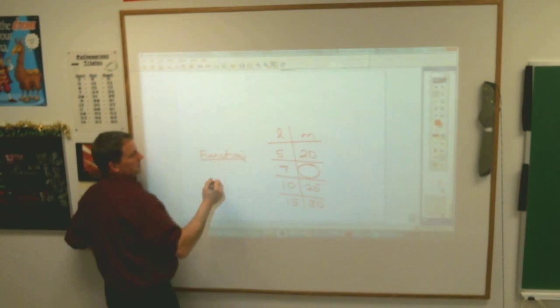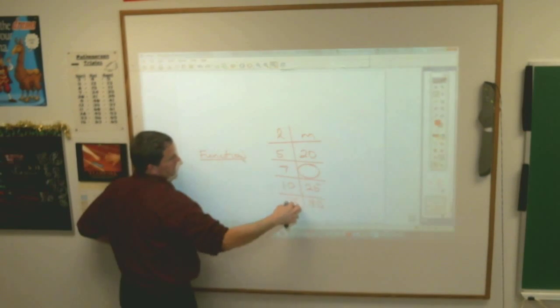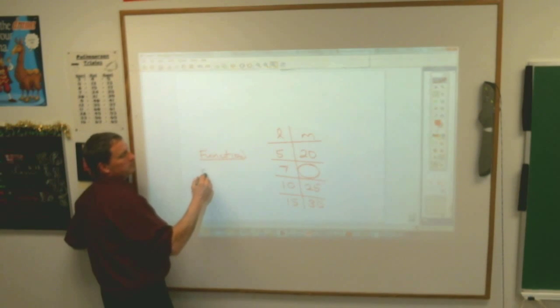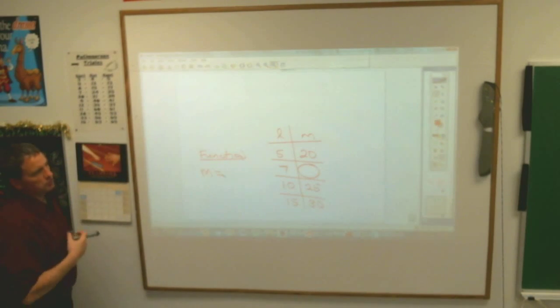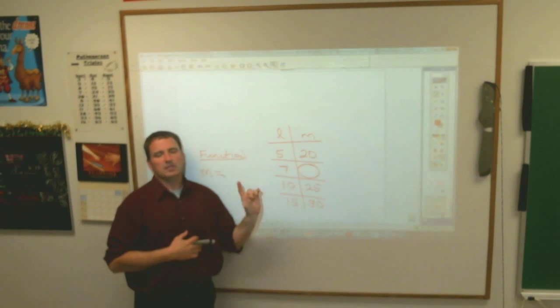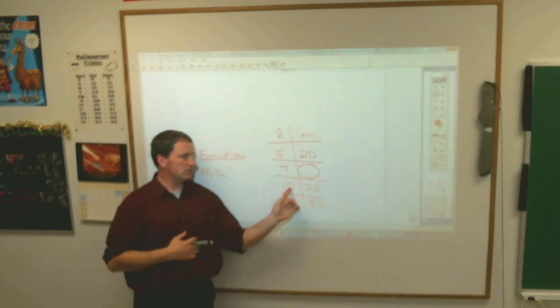And the question is this: what do you do to the letter L to get the letter M that works for it every time? So you're going to say M equals, you're going to do something with L every time. Now you might think, looking at this first one, that you just multiply by 4, right? Because 4 times 5, but does that work for this? No, so we have to change our ways. What else could you possibly do here to get from this to this?